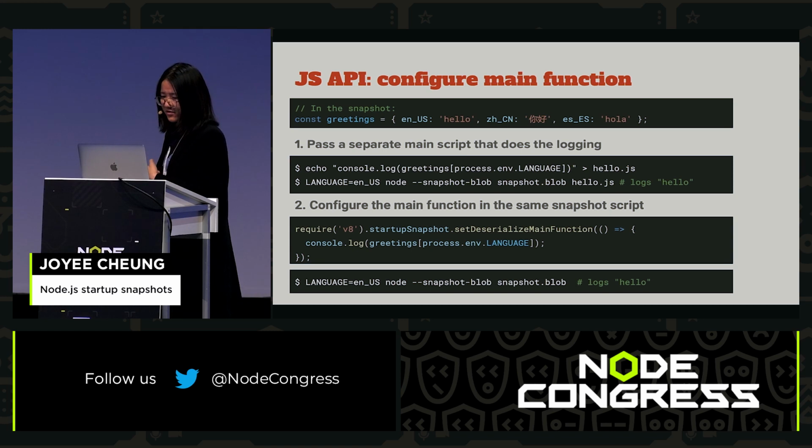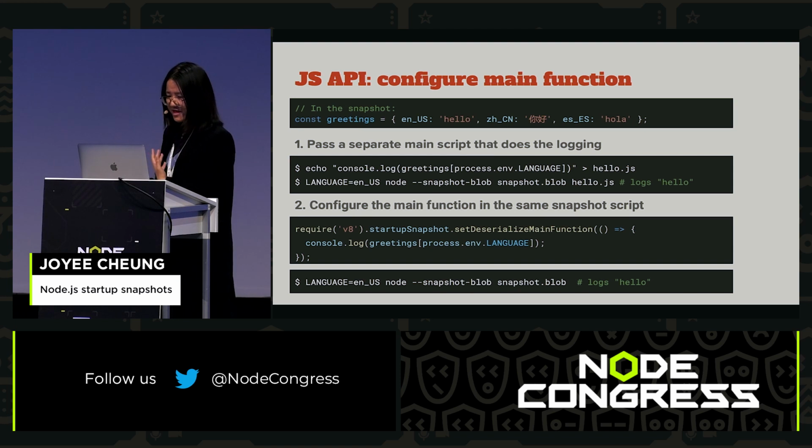And another useful API is setDeserializeMainFunction, which allows us to specify a main function in the snapshot without having to pass another main script.